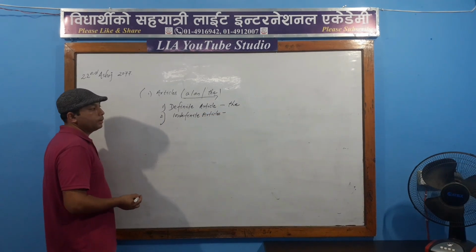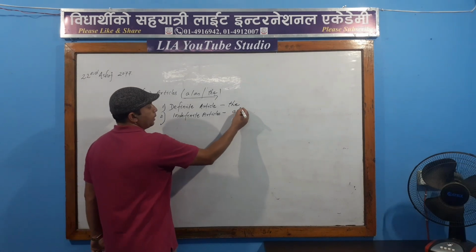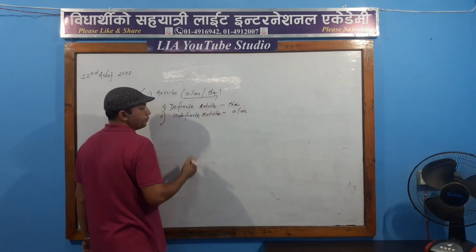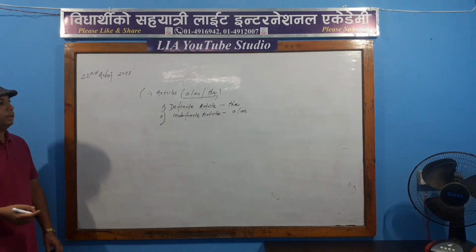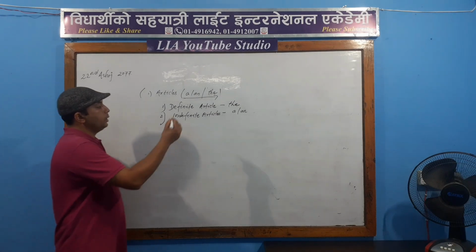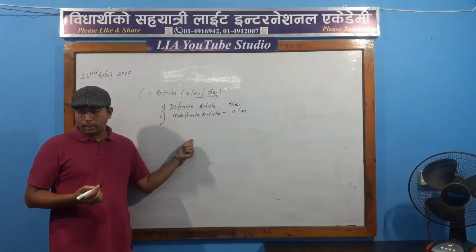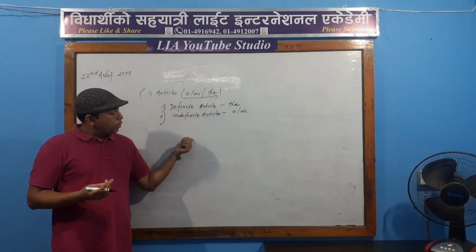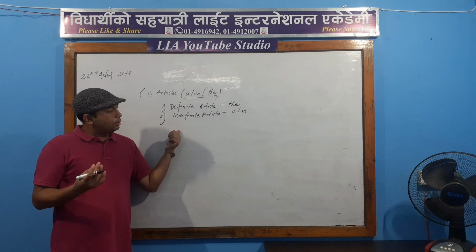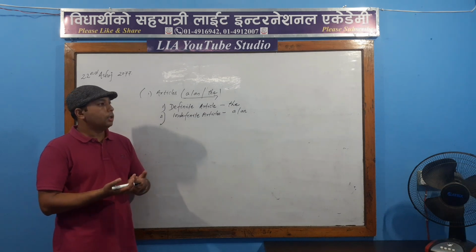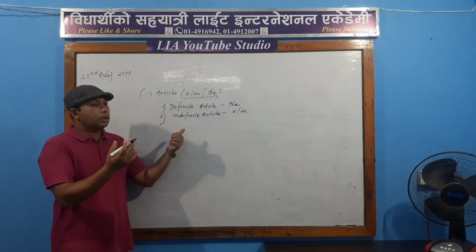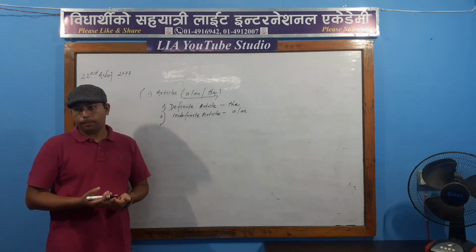Articles. They are a and an. So a and an are the indefinite articles, because we don't care who the noun is specifically.